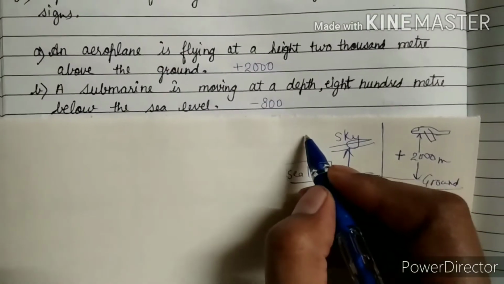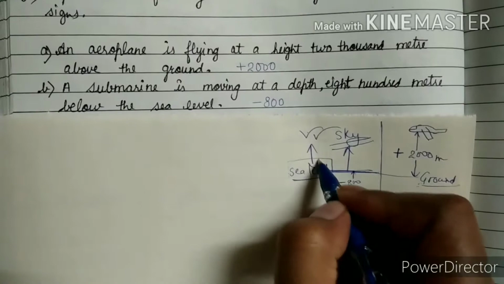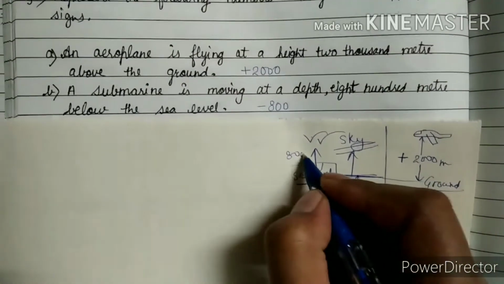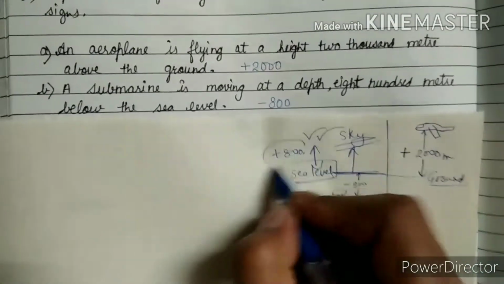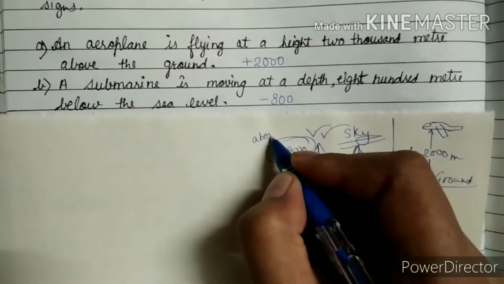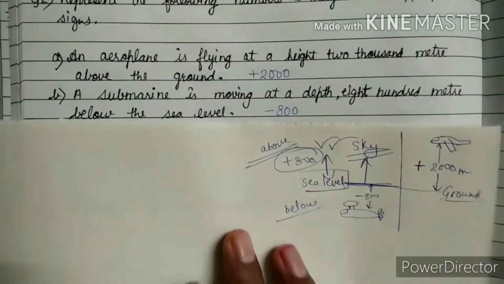If we have a bird flying above the sea level at 800, at that time positive will come because there we are using above, and here we are using below, okay.